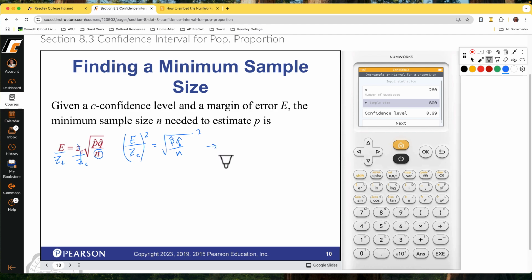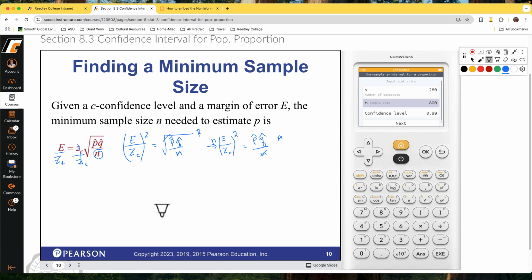So we end up with E over Z sub c, squared. These guys sort of cancel, and you get p hat q hat over n. I would multiply both sides by n, get rid of the n there, we'll have it here, and then multiply by the reciprocal of this.